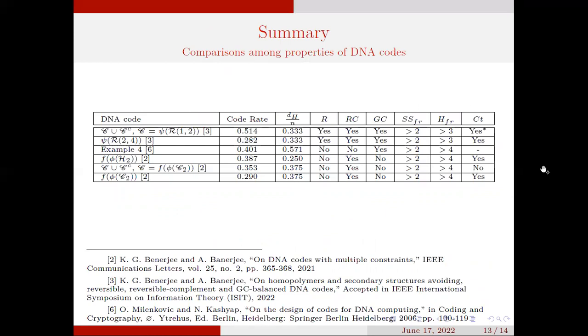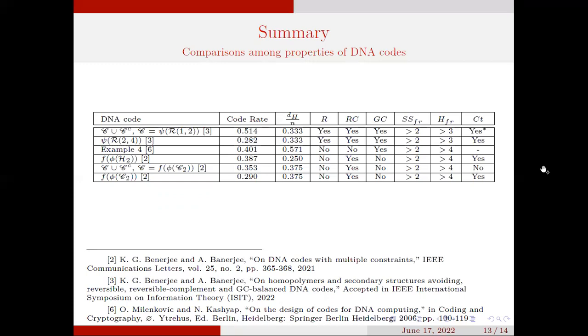In this table, we have compared properties of our DNA codes with the codes available in the literature. Here we obtain DNA codes with code rate 0.514 and relative minimum Hamming distance 0.333, and it satisfies reverse complement and GC content constraints.